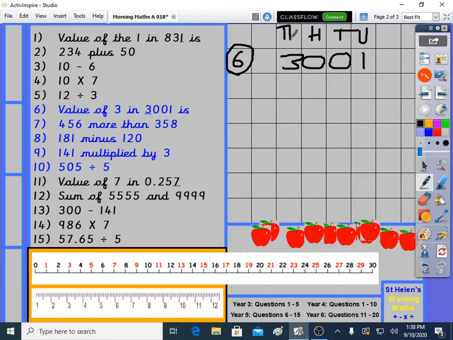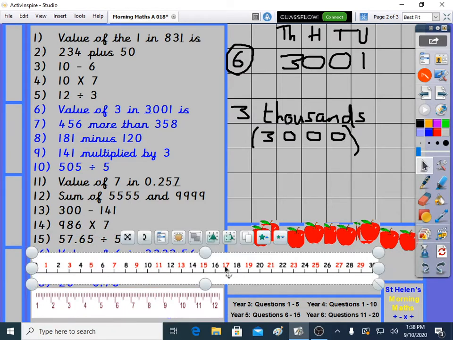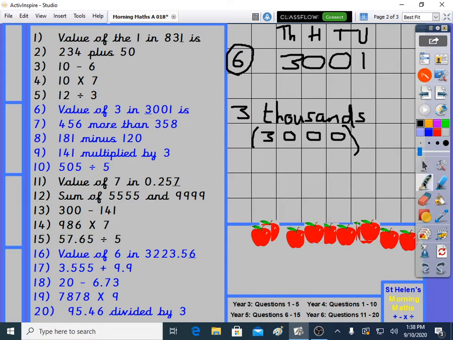Oh, it's in the thousands. So it's worth 3,000s, in brackets 3,000. Okay, I'm just going to move that away for people who might go down there already.